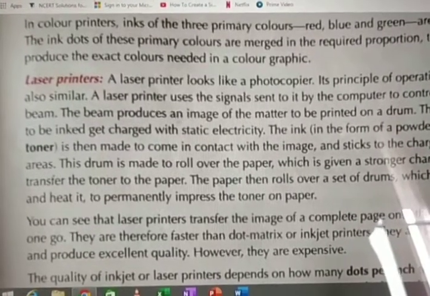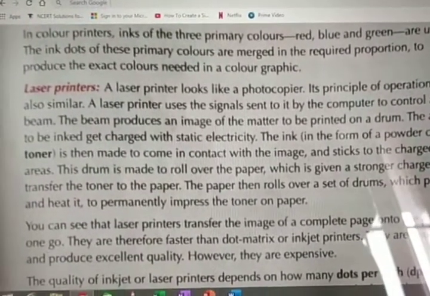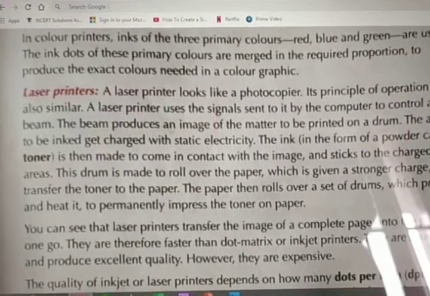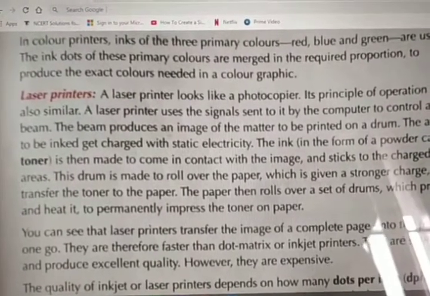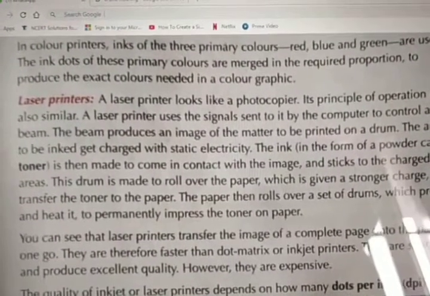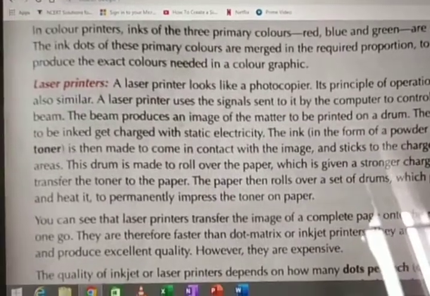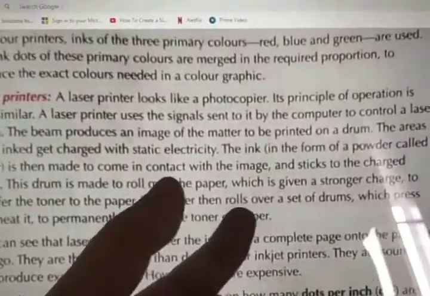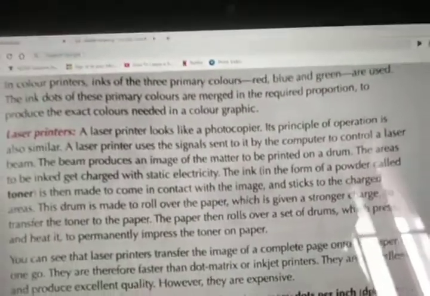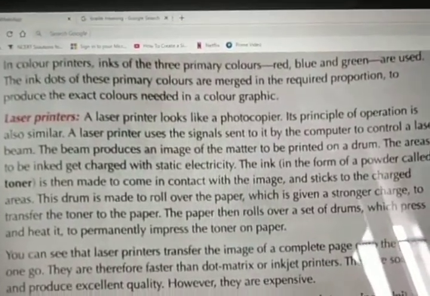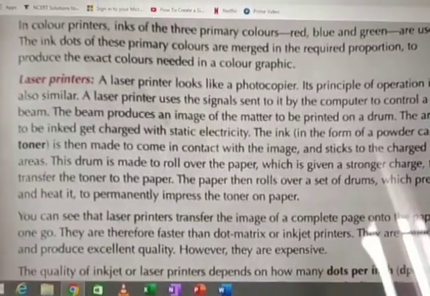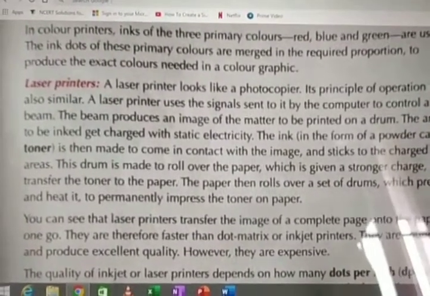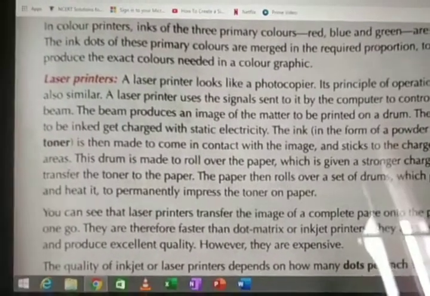Actually, directly it is not printed on the paper. For example, the image of the word paper is printed on the drum initially. The drum is inside the laser printer.